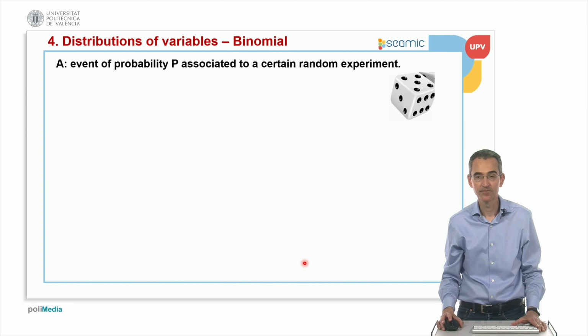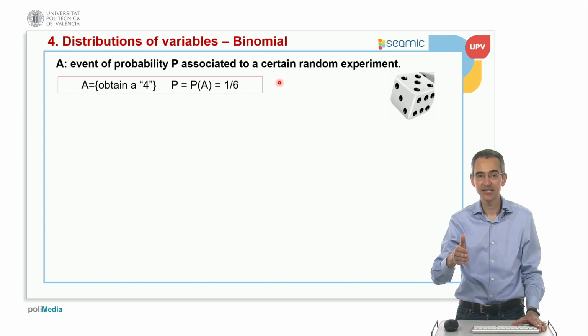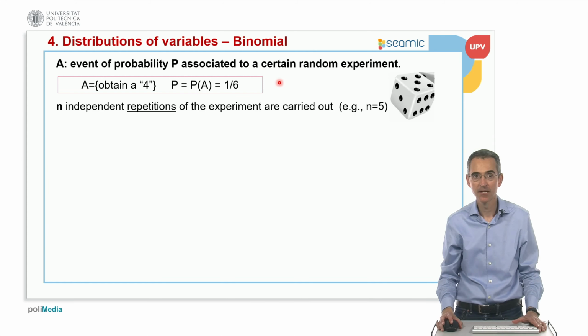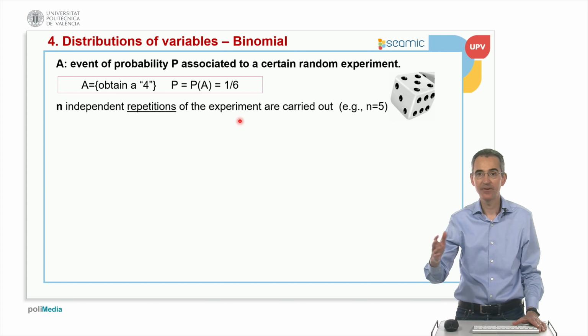Let's continue. Now let's define an event of probability p associated to a random experiment. For example, the event is to obtain a 4 when we throw a die. The probability obviously is 1/6. Then let's imagine that we carry out n independent repetitions of this random experiment, for example, 5.